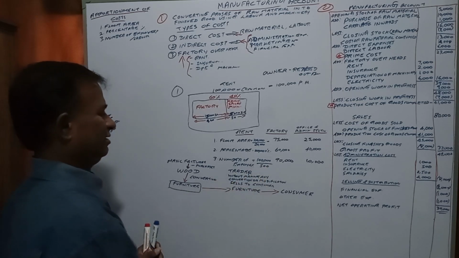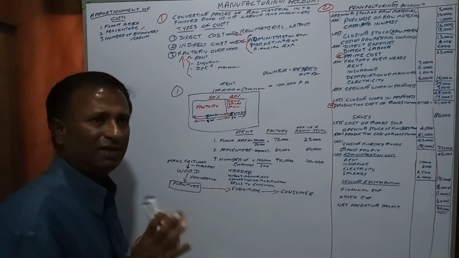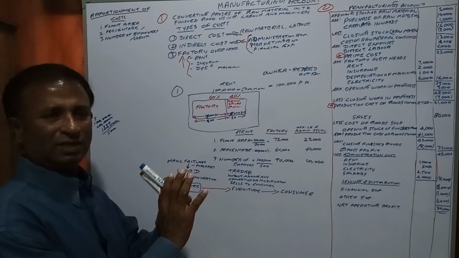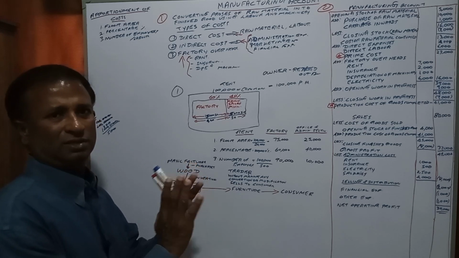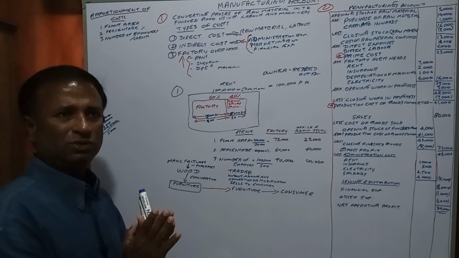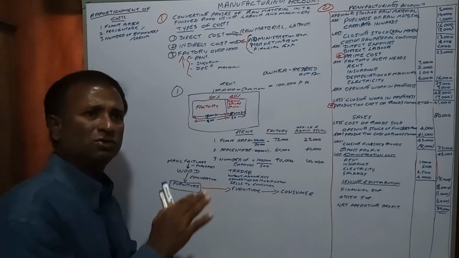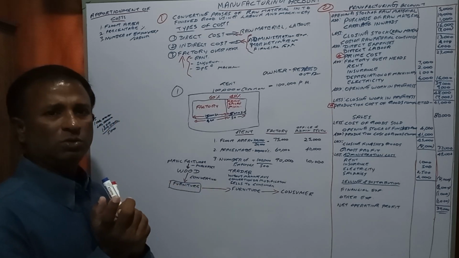That is the trader's activity, trading activity. He buys the goods and sells the goods. Nothing happens, no modification, no conversion. Purchased goods are kept as they are in stock and sold to the consumer.